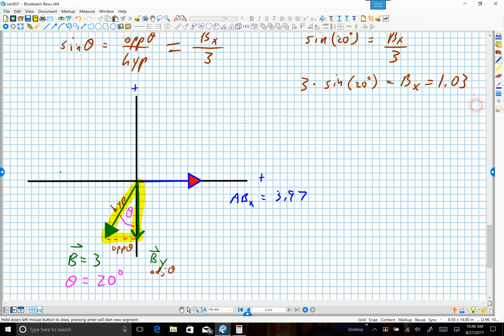I need to draw another rectangle, and then I need to draw another vector, and let's make this orange.